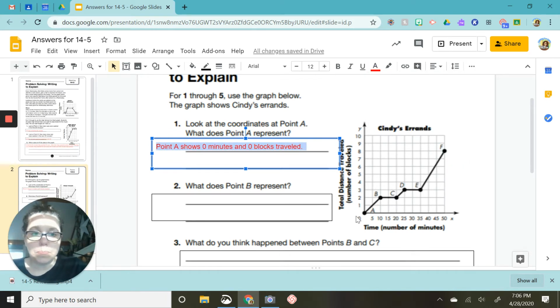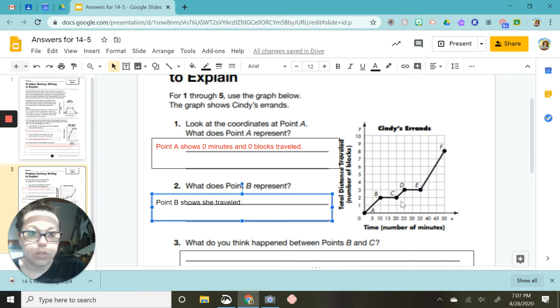All right, point B. So point B shows the time is 10 minutes and she's traveled 2 blocks. So here we go. Point B shows, and I can do it either way, this way I'll do the y-axis first.